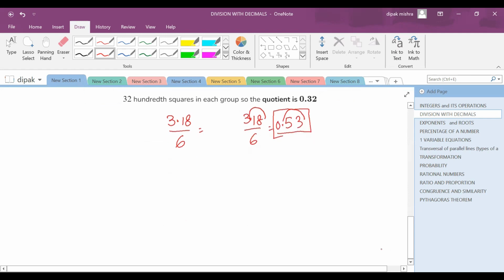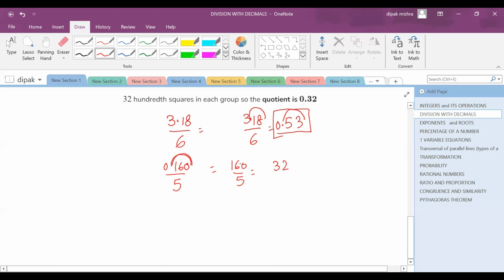Now there can be numbers like this. Now if you get 0.318 divided by 6, or in fact our example which we have taken, take that example only. Say 0.16 divided by 5, right? So you make this a whole number till the number is divisible by 5. So what do you do? You shift the decimal to the right by 3 places and you get 160 divided by 5, which is equal to 32.